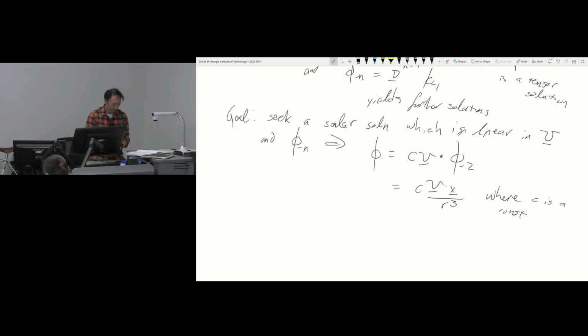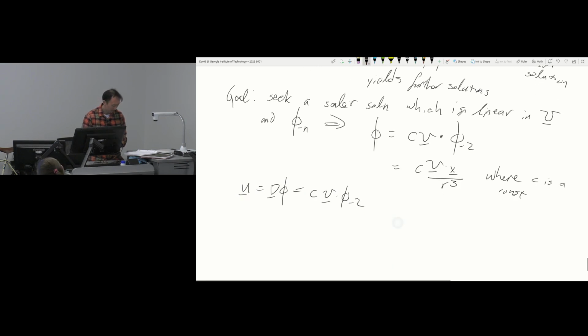And I'll tell you right now, the solution to this problem, if you want to plot the velocity field around a sphere, it just looks like negative 2 gradient phi to the negative 2. And that can be written as c u dot phi to the negative 3.